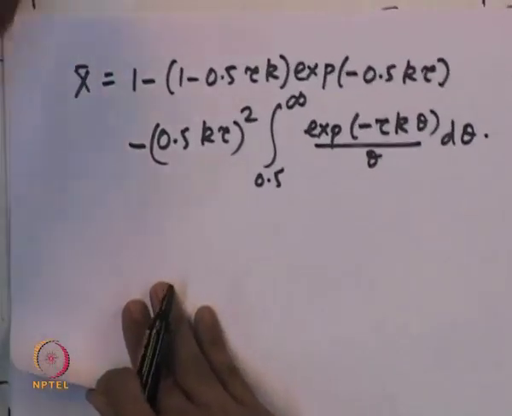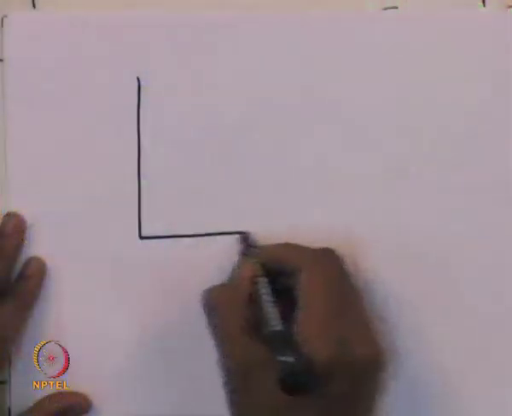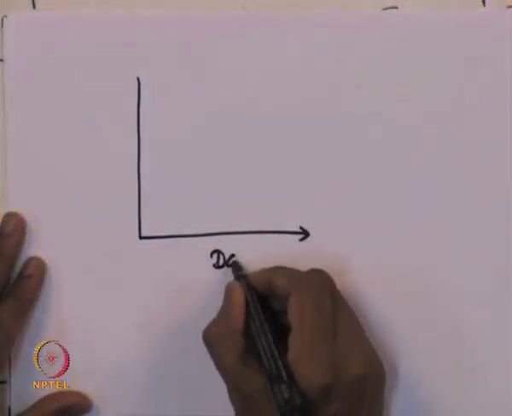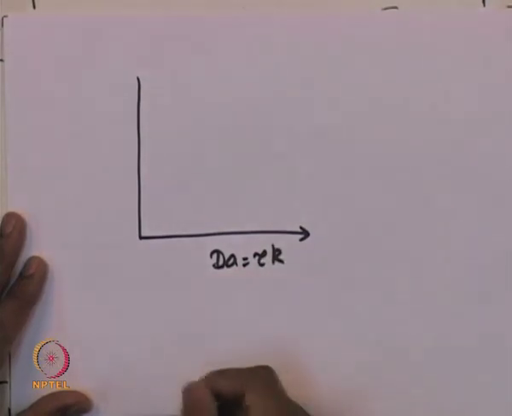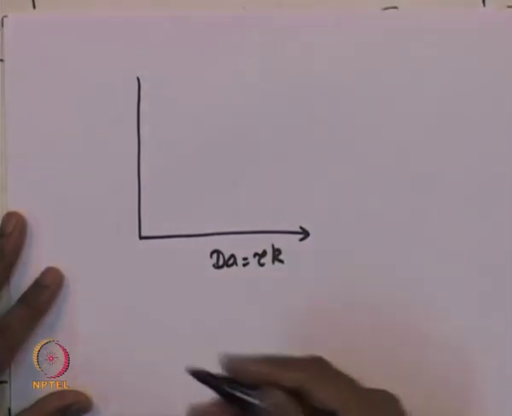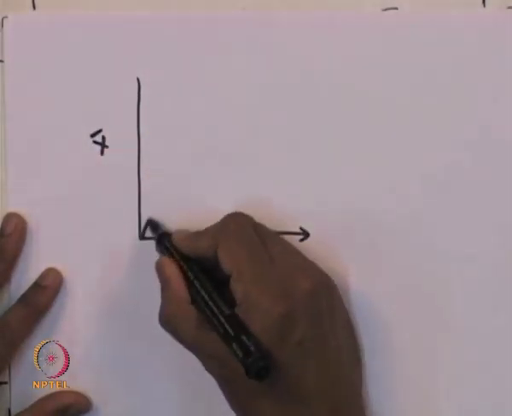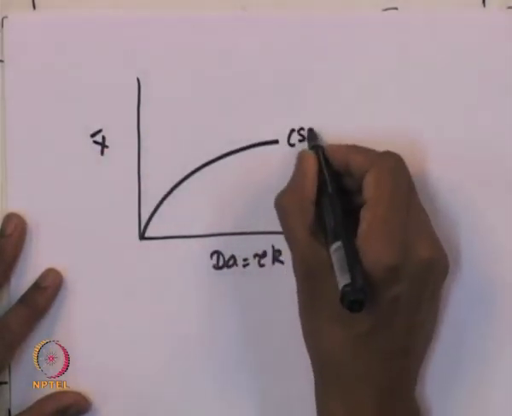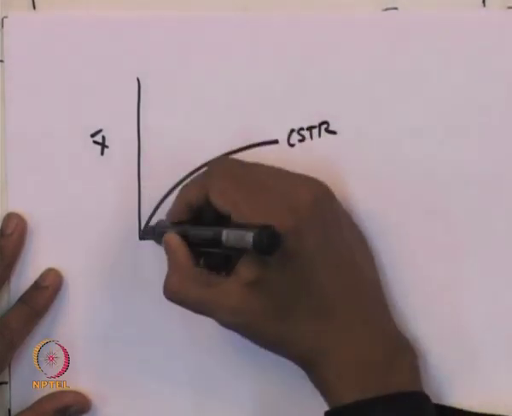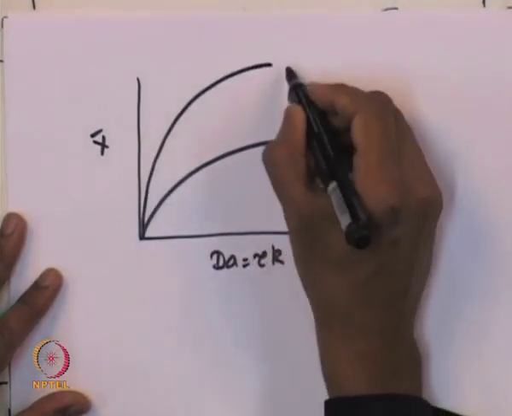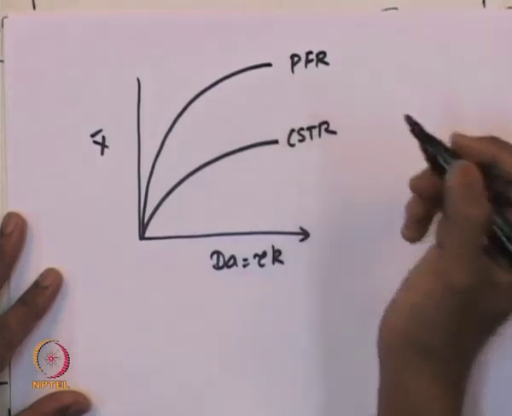So, let us now compare the mean conversion that is achieved using these three different types of reactors. If we plot as a function of the Damkohler number, which is the ratio of the space time to the reaction time, the CSTR would be like this, and the plug flow reactor would predict a much higher conversion for a first order reaction.